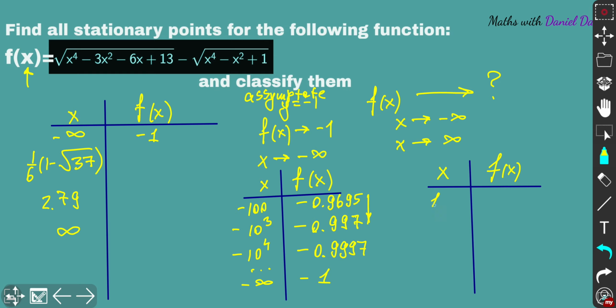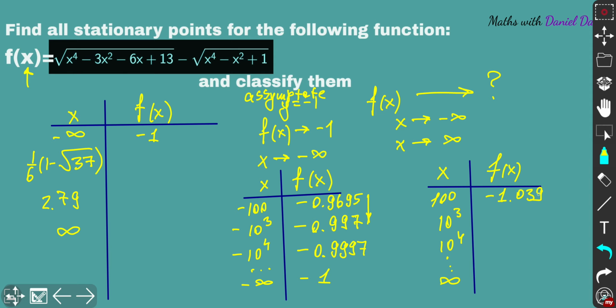You do the same trick, you plug in the numbers 100, then 10 to the power 3, 10 to the power 4, and finally skip, you plug in infinity, like an absolute number. So if you plug again into your original function, first you'll get 1.039, okay, rounded.